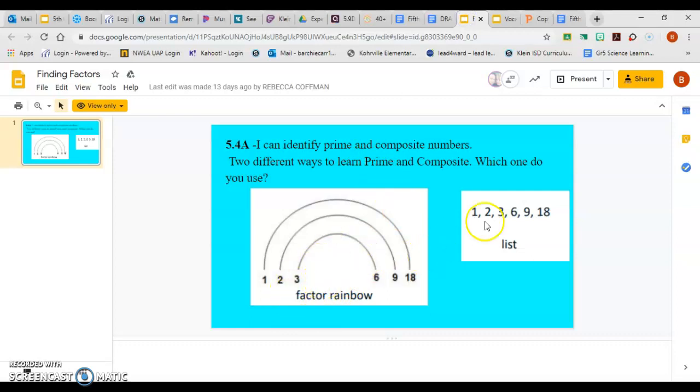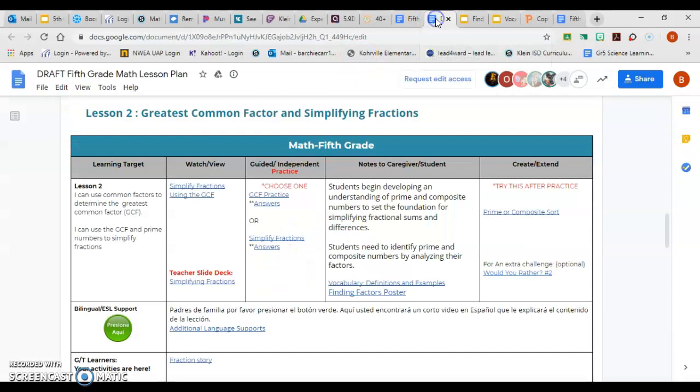Again, they have the list view. This is the factor rainbow option, and again what we do is the horseshoe. So instead of at the end of the rainbow, we have it going all across the rainbow, the horseshoe. Okay, but these are good guides to use as you're working through today's lesson.